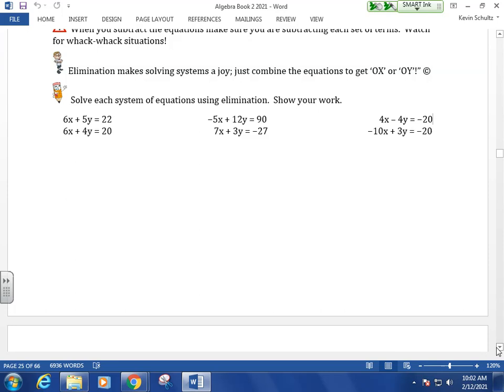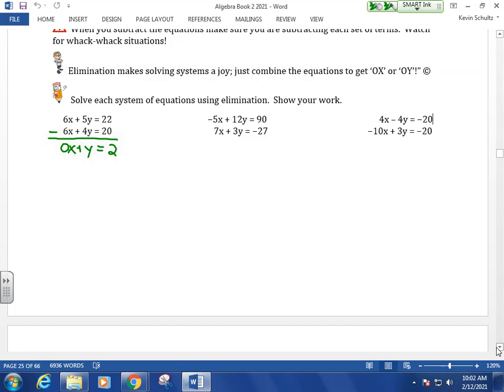Am I going to be adding those equations to get 0x or subtracting? Subtracting, because 6x minus 6x equals 0x. We start with 6, we take 6 away, we've got 0x. 5y minus 4y is just 1y, or just y by itself. We like that. And 22 minus 20 equals 2.